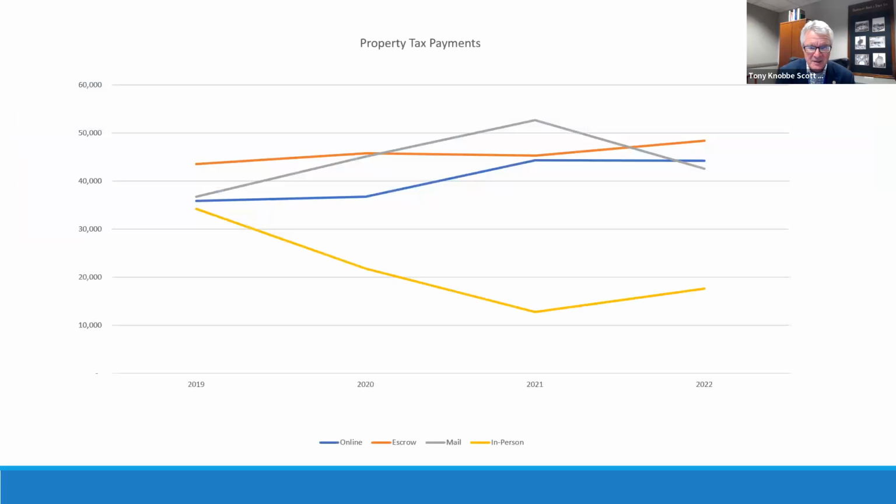All right, so here's just a quick graph of trend lines for property tax payments over these last few years. You can see the yellow line is the in-person, dropping from 35,000 to about 25 or 15,000 in traffic, which makes us happy.